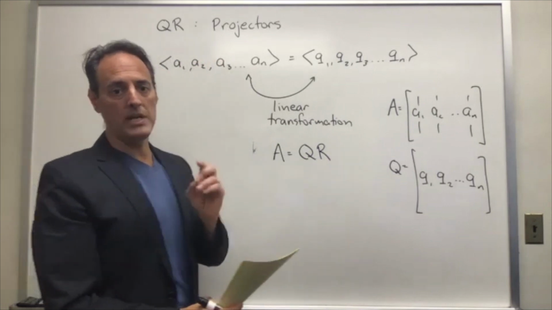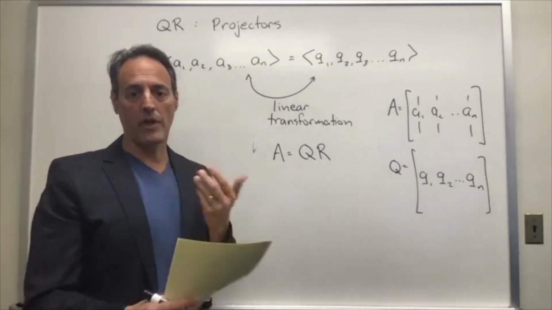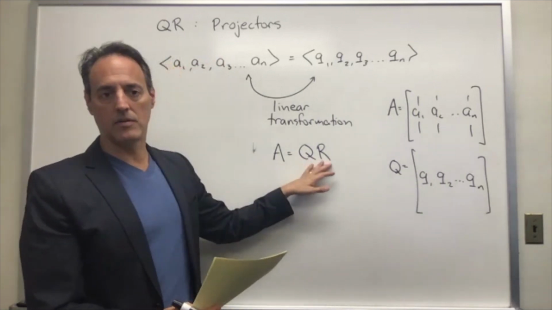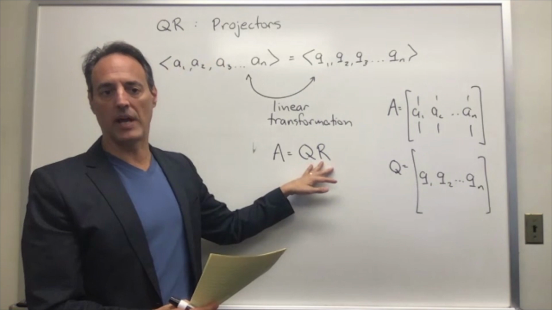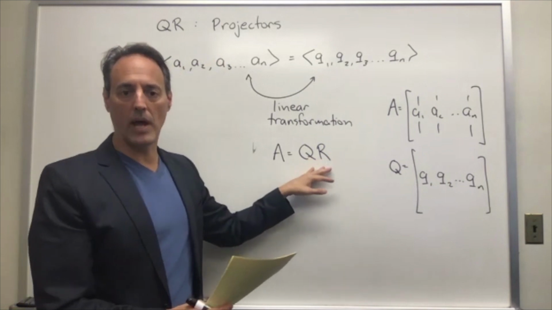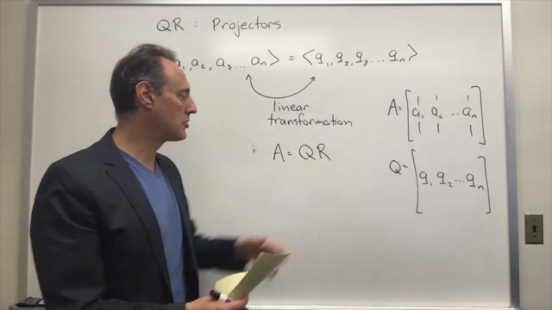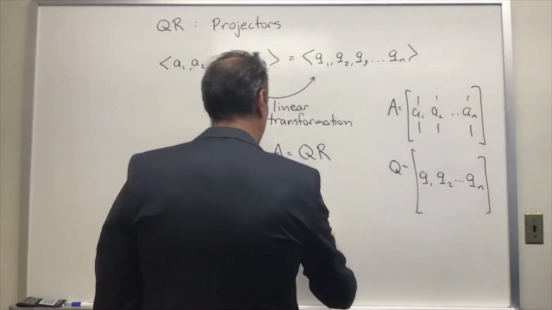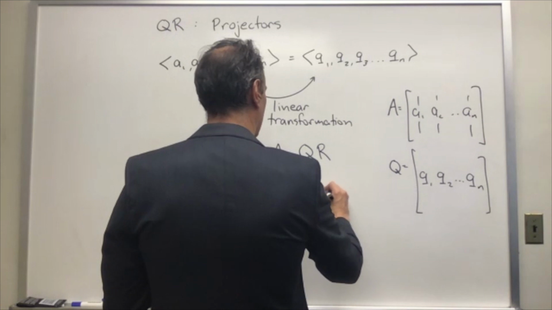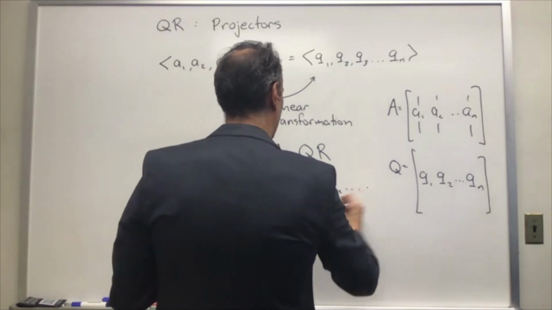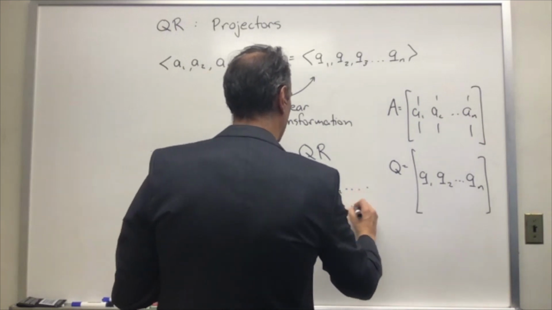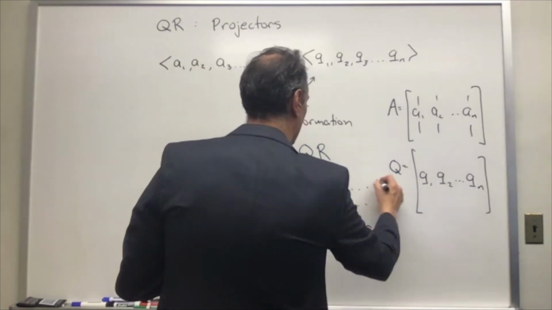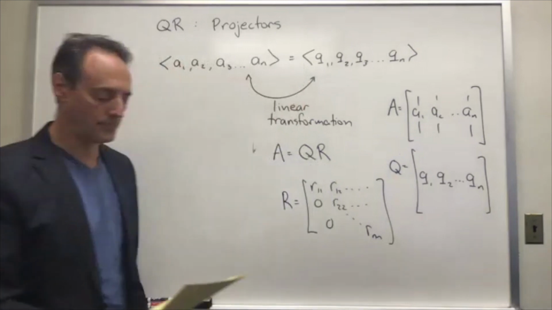Okay, and what we did last lecture is we showed that through Gram-Schmidt, we could actually get this linear transformation. We had an algorithmic way to produce that transformation, and it was upper triangular, of this form.